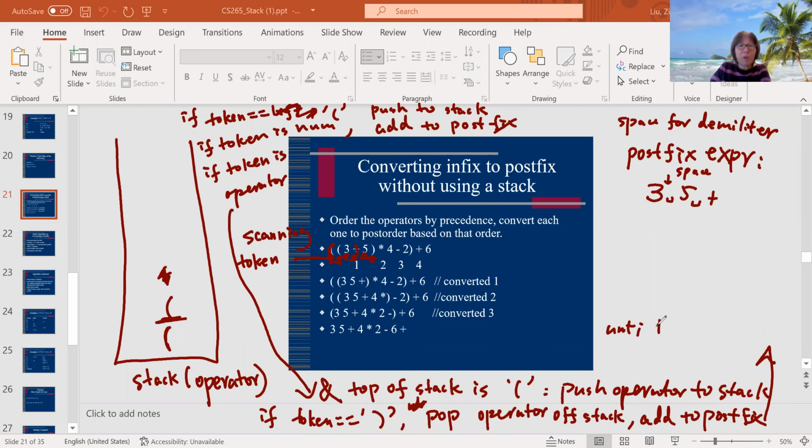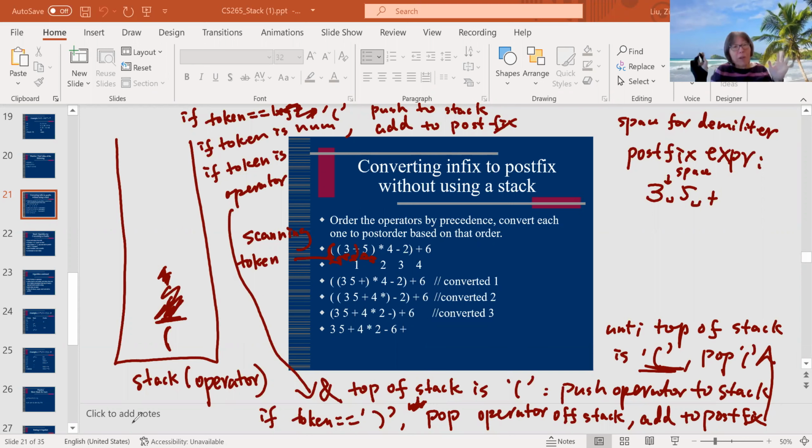Until the top of the stack is a left parenthesis. Then you pop this left parenthesis out, and you stop popping. Then you continue.